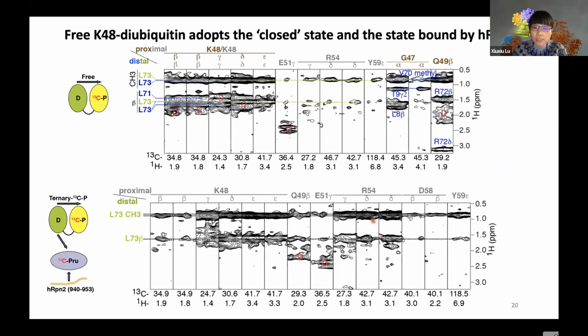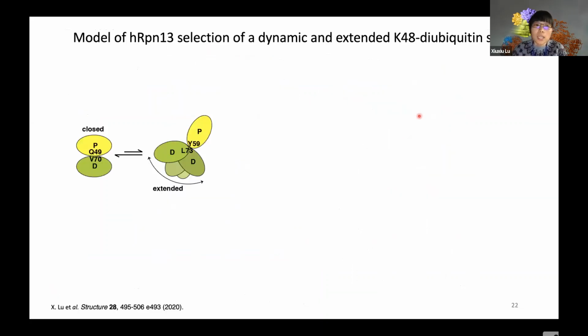You can also see this NOE dataset was enriched in the presence of RPN2-bound RPN13, but the NOE dataset supporting the closed conformation disappeared. It indicates that in free solution, in addition to the dominant closed conformation of K48 diubiquitin, there is also a small population of the new conformation discovered in the presence of RPN2-bound RPN13.